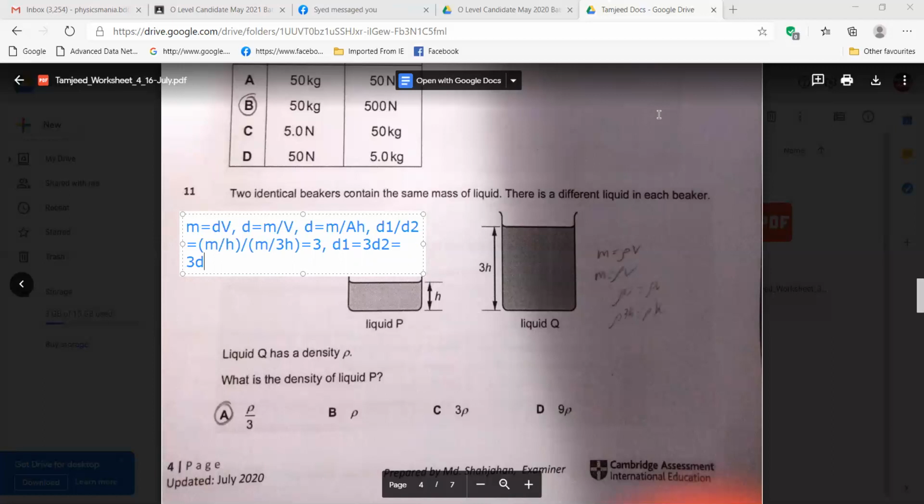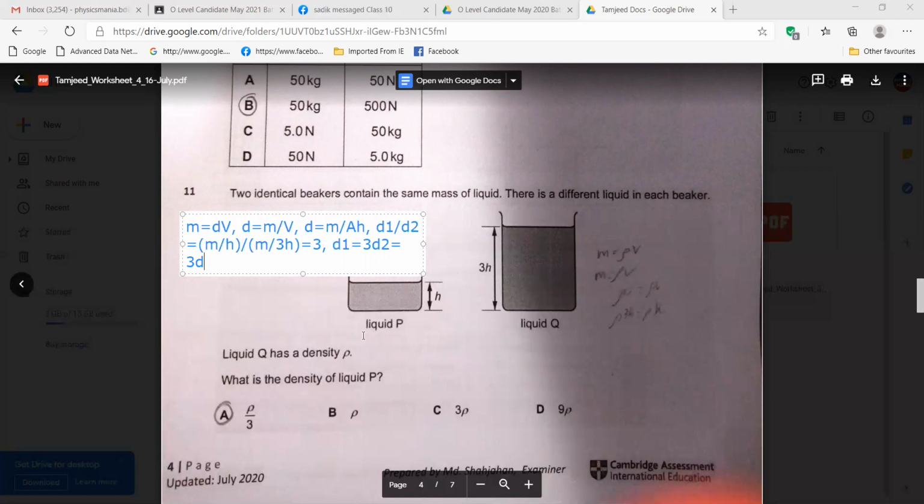For this question, you are given the area the same, but if you get a more difficult question where they are giving different cross sectional area, different beakers, not identical beakers, that time it will become more difficult, right?